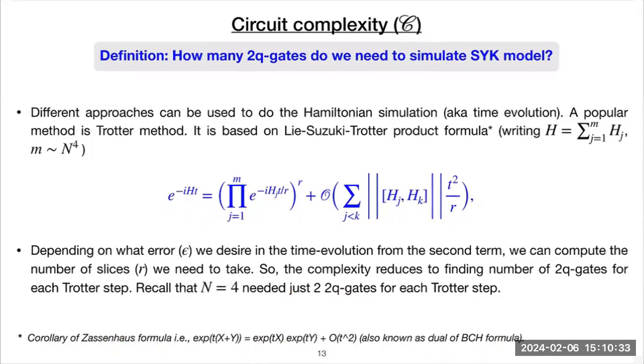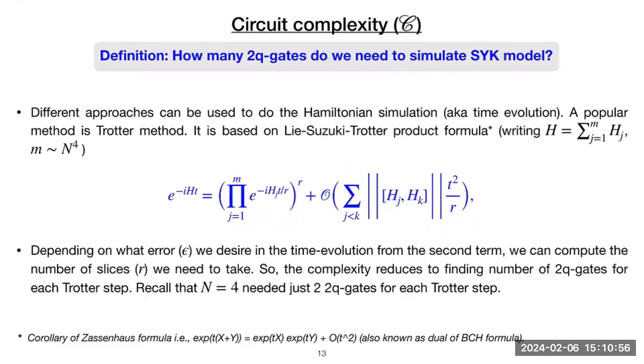The good thing about this formula is it tells us that if the Hamiltonian is a sum of terms, I can exponentiate each of the terms one by one and multiply them and suffer some sort of error, which increases like this.